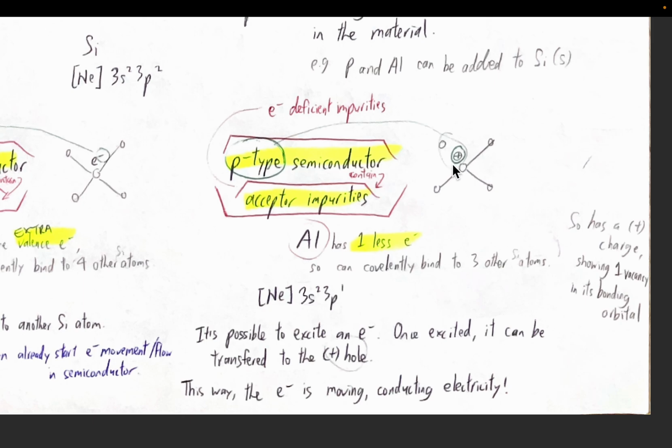If it's positive charge, automatically you know it's p-type. And acceptor impurities are electron deficient. Because again, there's a positive charge, so it makes sense that they lack electrons. Because electrons are the ones that contribute to the negative charge, or basically reducing the amount of positive charge.